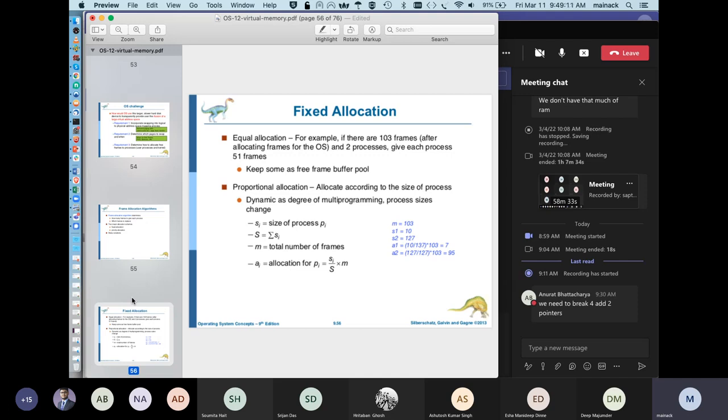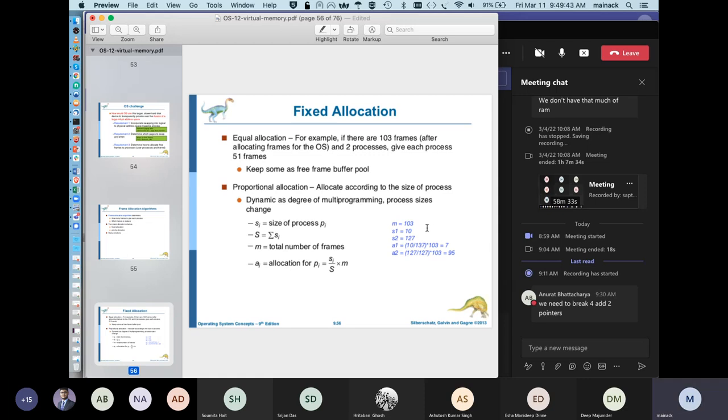And if your RAM size is m, which is the total number of frames, then each process will have a number of frames proportional to its size. So allocation for p_i, a_i, is s_i divided by capital S multiplied by m. It's just proportionally dividing m across processes. Proportional to what? Proportional to the process size.